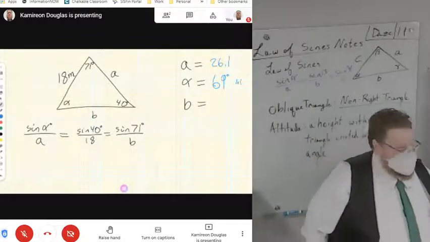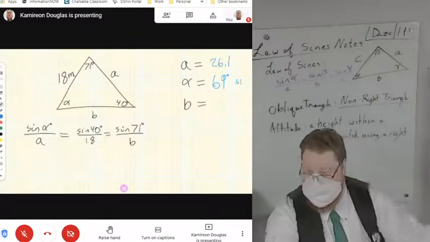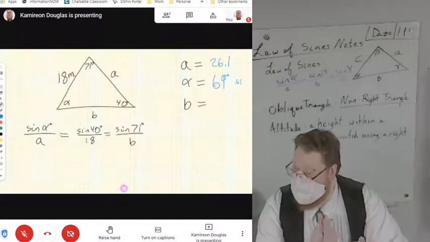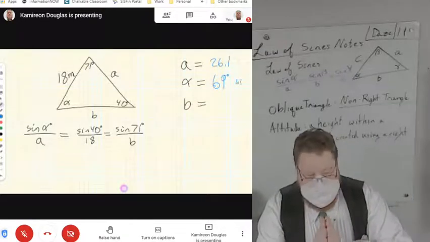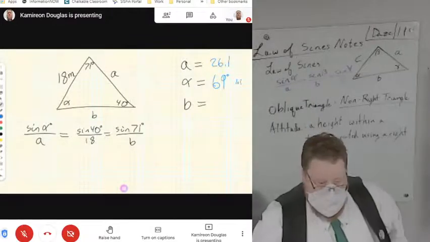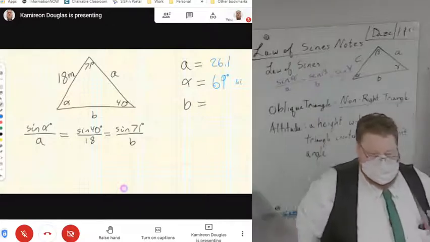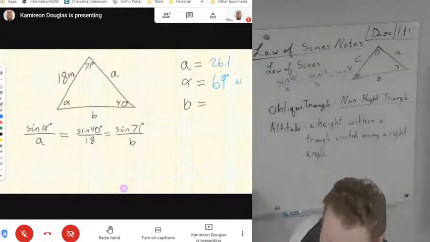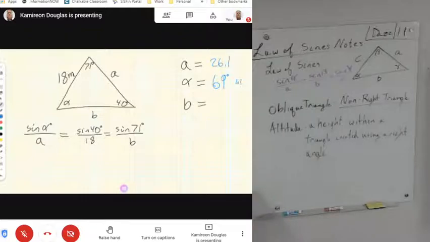A steak dinner. Alright. Find B yet? I will here in like 25 seconds. 24, 23, 22, 21, 20, 19, 18, 17, 16, 15, 14, 13, 12, 11, 10, 9, 8, 7, 6, 5, 4, 3, 2, 1.